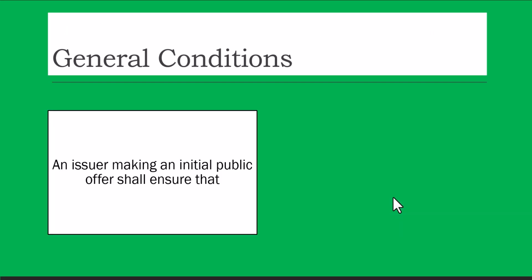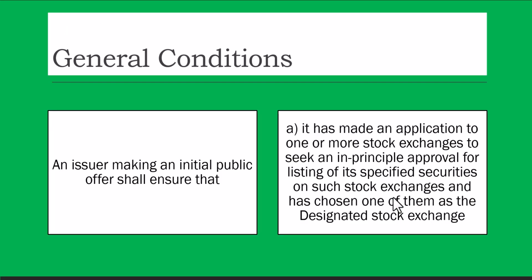Just read this. General conditions. An issuer making an initial public offer shall ensure that it has made an application to one or more stock exchanges to seek an in-principle approval for listing of its specified securities on such stock exchanges and has chosen one of them as the designated stock exchange.